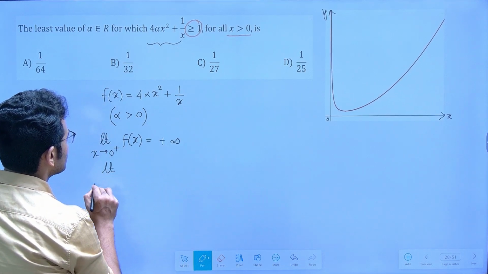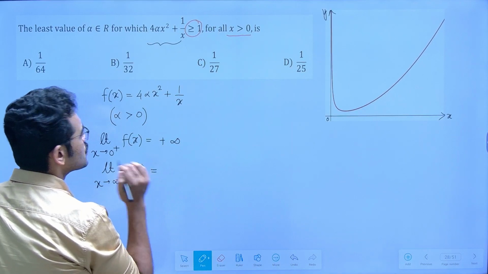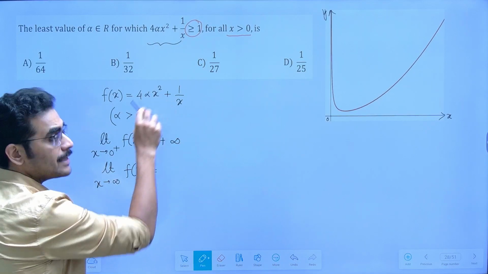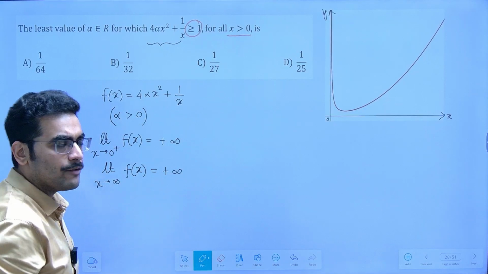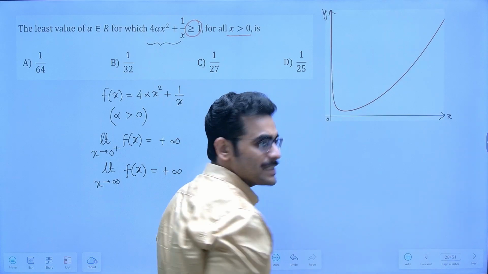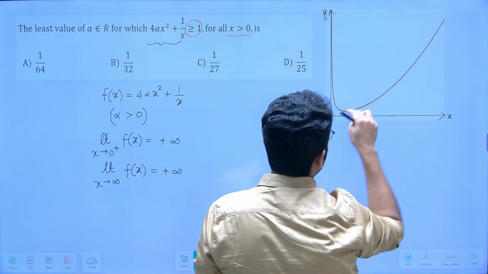And the limit as x tends to infinity of f(x): 1 by x tends to 0 and 4 alpha x square tends to plus infinity. So again it will be plus infinity. So the graph will start from plus infinity and end at plus infinity. Now definitely somewhere the minimum value will be achieved.